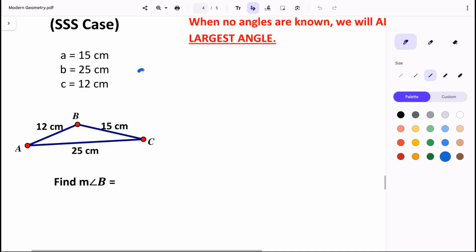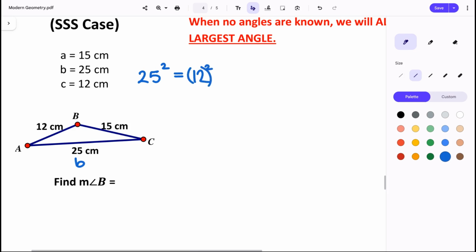So I'm going to write 25 squared. Okay, we're going to plug everything else in how we've been learning how to do that in the past. It's just that this is what I'm going to begin with, my little b. So what should I put in for the next two pieces? 12 squared and 15 squared.